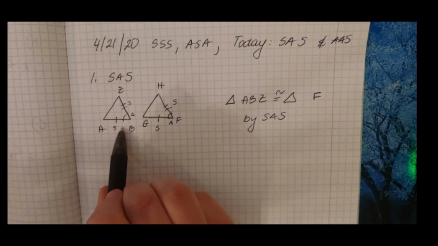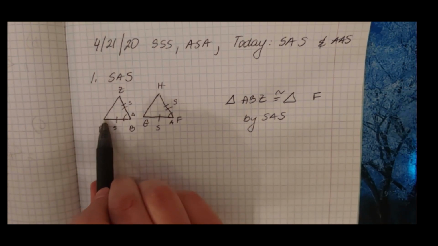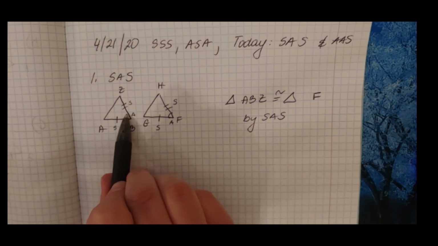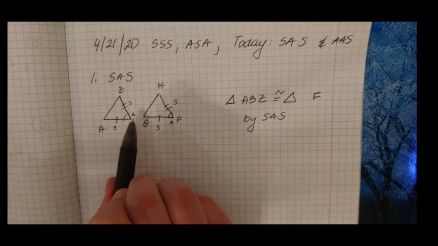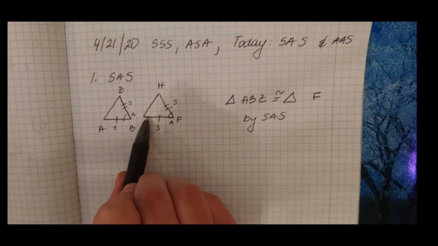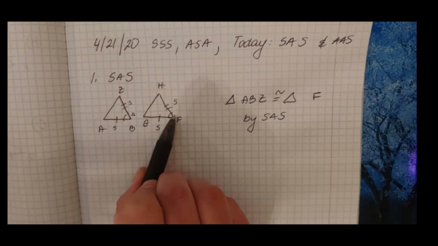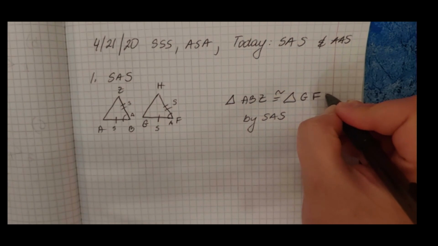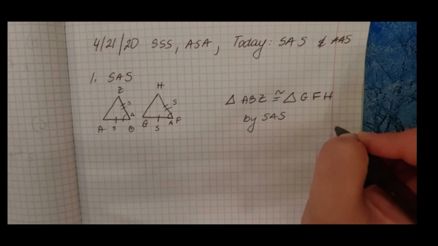What else? A goes to B, and A is using a side with one marking, and it's going to one arc. So G will use the side that goes with one marking to the angle with one arc. So A goes with G. And the last one that is left is H.